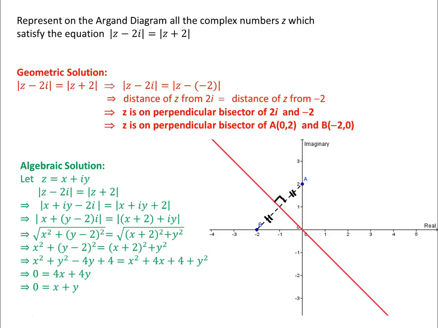In other words, we've got the line x plus y equals 0, or if you like, y equals minus x. If we've done the algebraic solution, there's really no need to make it absolutely clear that that is the perpendicular bisector. We just need to make it clear that we've got the line y plus x equals 0.